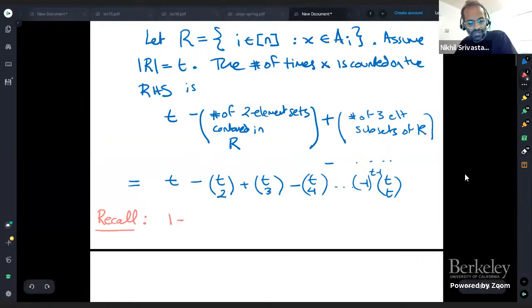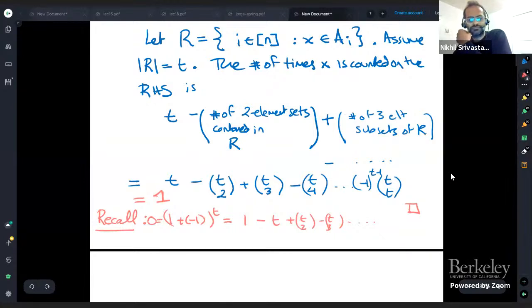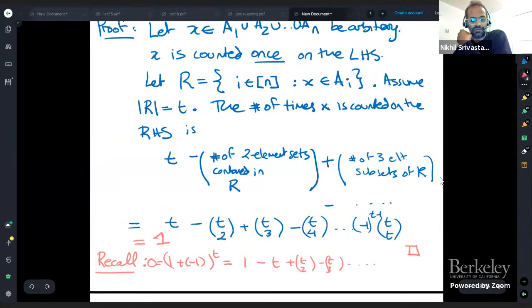Yeah, if you write (1 + (-1))^T, that's 1 minus T plus T choose 2 minus T choose 3, and so on. And this, of course, is equal to 0. So this implies that this whole thing is just equal to 1, which is what you wanted to prove. So the number of times X is counted on both sides is 1, and so the two cardinalities are equal. So any comments or questions on that proof?